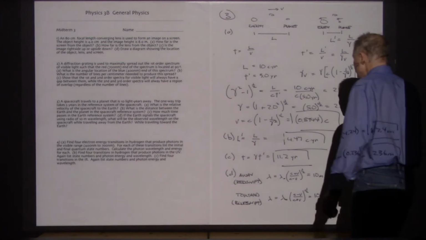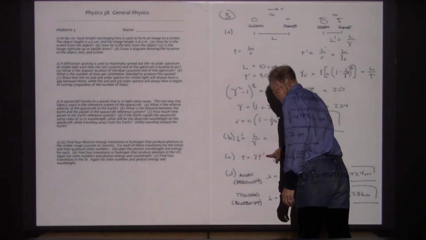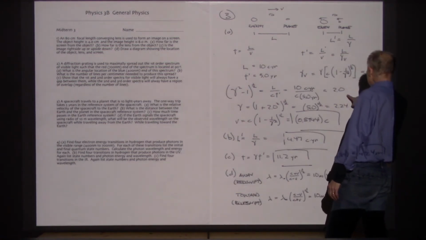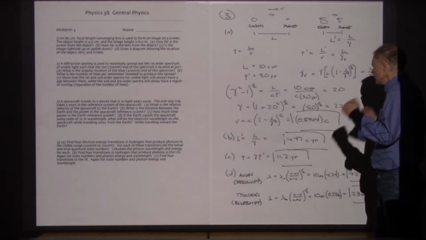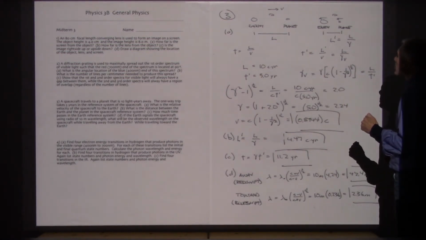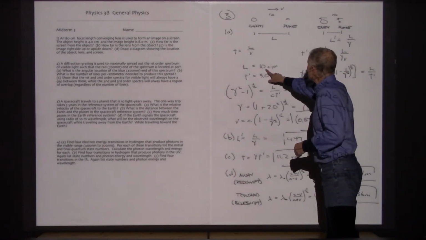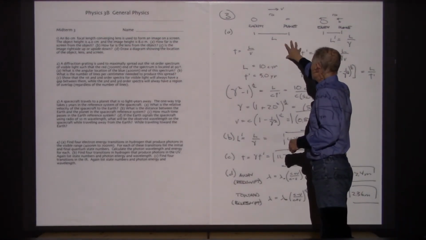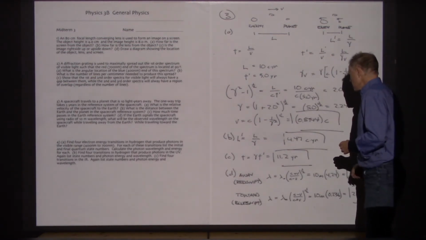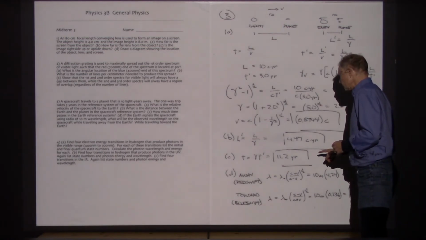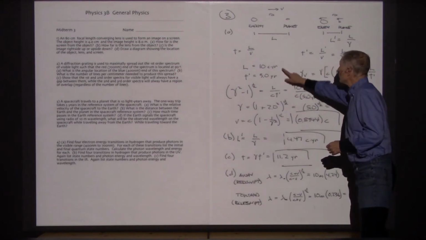Sounds crazy. The amount of time that it takes is going to be gamma times t prime, and I can take that value of gamma, 2.24, and that worked out to be 11.2 years. Now, how can I check numbers here? Well, I know that in the Earth frame, because the planet is 10 light years away, and because I can't travel faster than light speed, it's going to take more years than the number of light years.